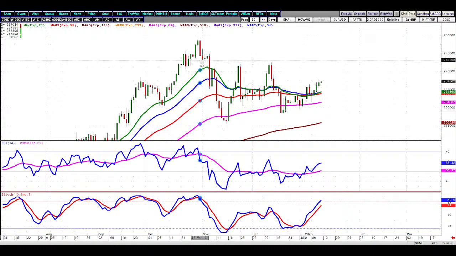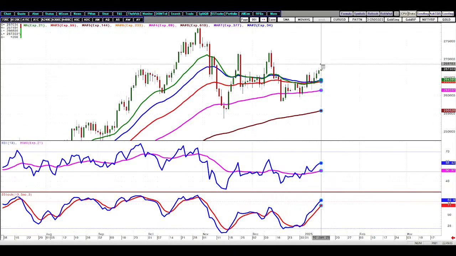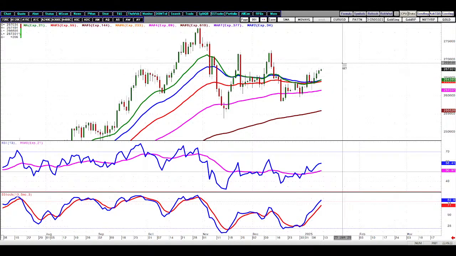So below 2732, the market is struggling its way up, which means it should eventually fall pretty fast, because it is struggling to go up. That means there are no buyers coming in, even though the price is moving up.